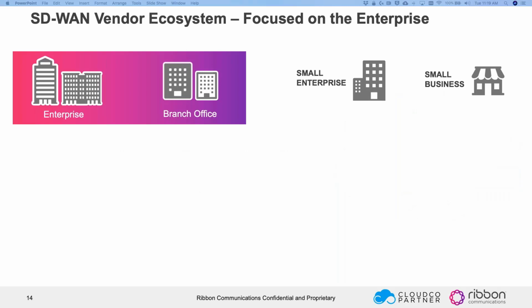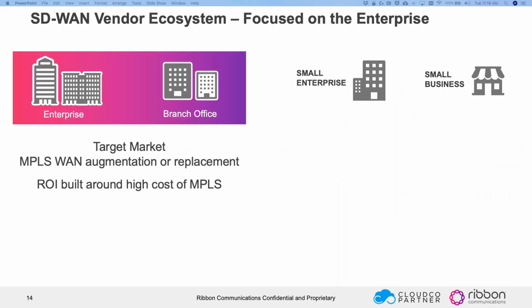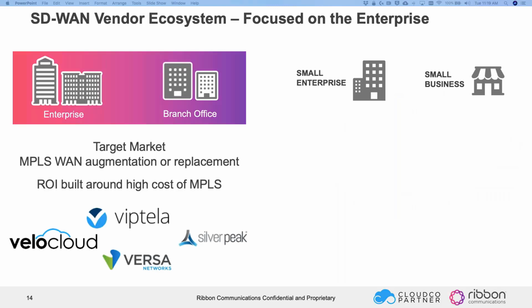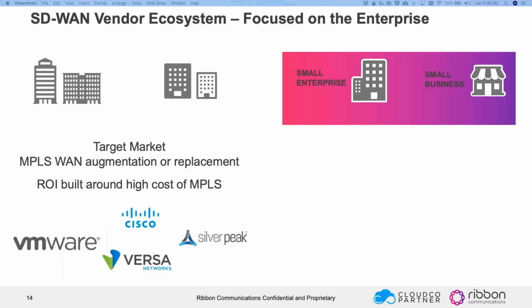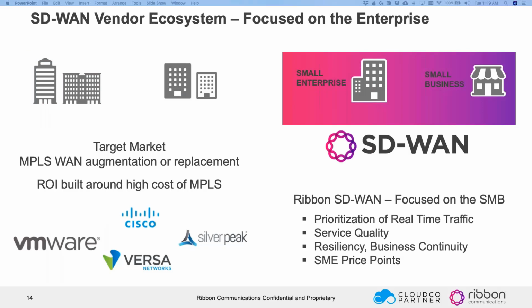So if you look at the typical market today, it was originally created for MPLS replacement, significant cost savings around MPLS replacement. And as you can see, the vendors who I've listed on the bottom here all focus on that component of MPLS replacement. However, when you look at the small business segment, it's a different world, right? They're not using MPLS. They're not connecting sites.